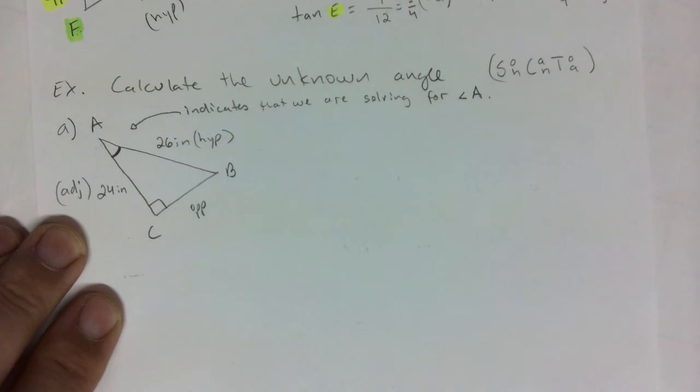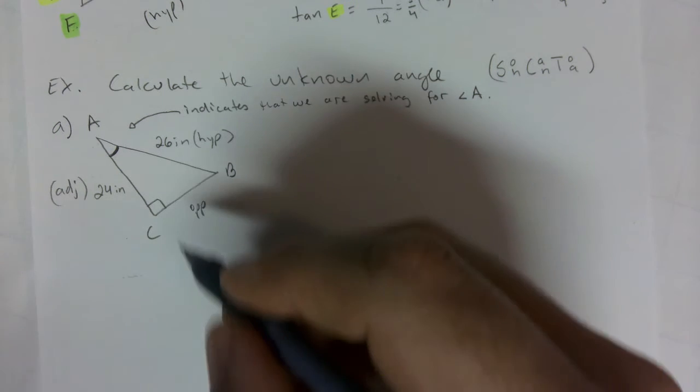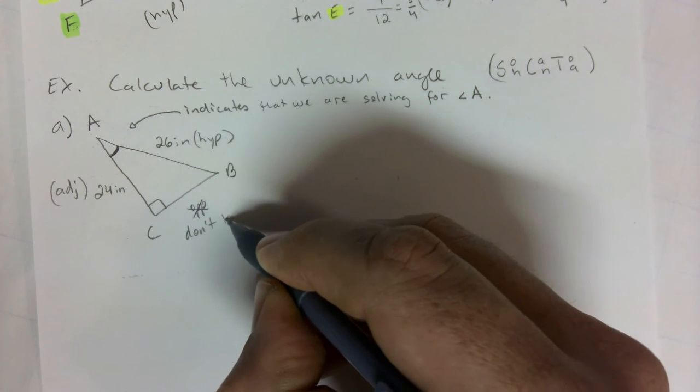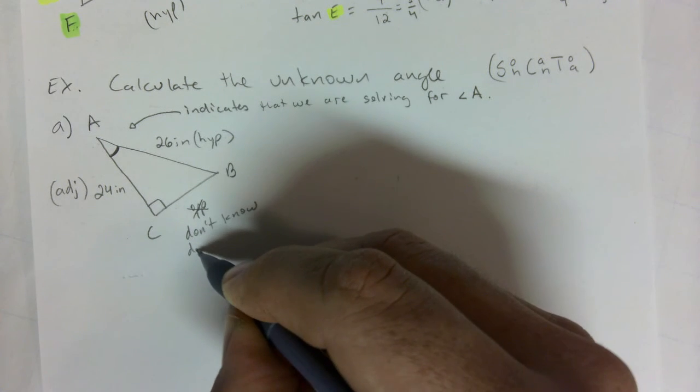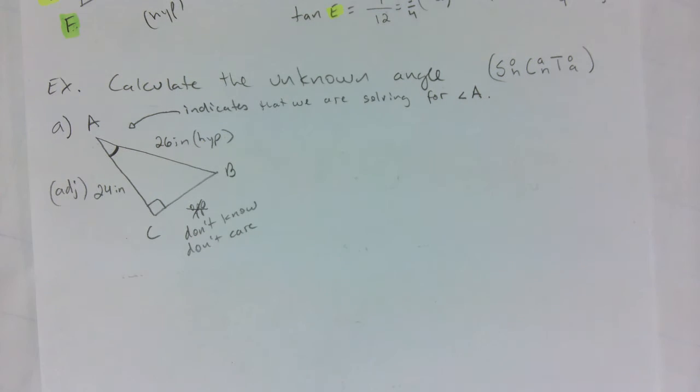Okay. Now I'll tell you something. We're always labeling all 3 sides, but there's usually a side we do not know and also don't care about. And it's this one here. Don't know, don't care. So kind of ignore it.